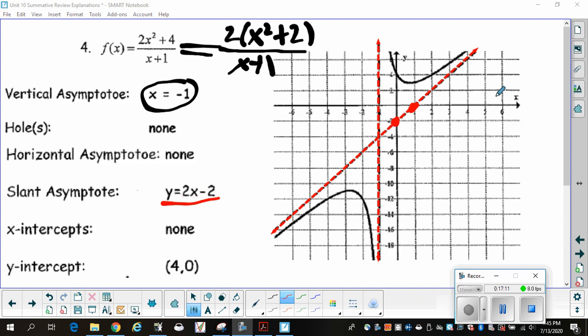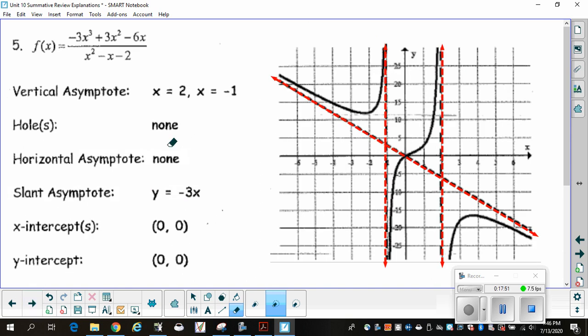They're not touching the x-axis. They are crossing the y-axis at 4. If I put in 0 for x, I get 4 over 1. Boom, I'm right there. That becomes 0, that becomes 0, so you're just left with 4 over 1. All right? Again, slant asymptotes are only for Algebra 2 trig or Advanced Algebra 2.